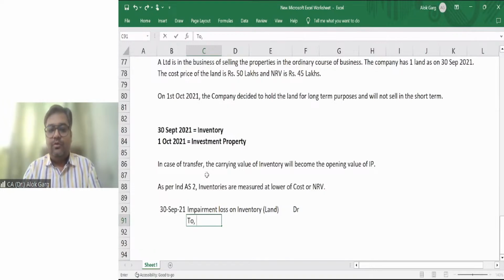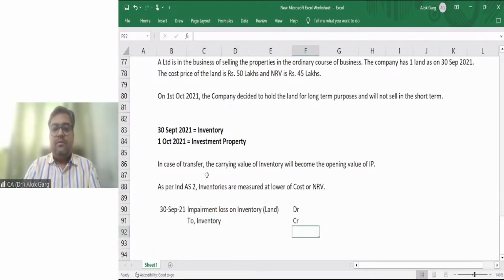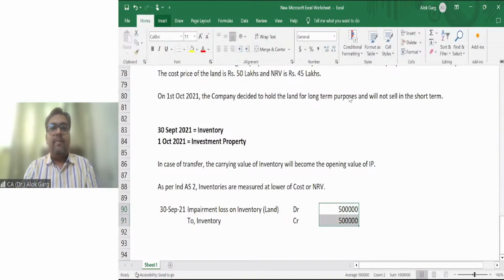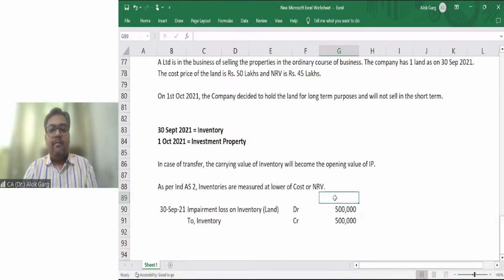To inventory. By what amount? 50 lakh minus 45 lakh, 5 lakh. Impairment loss on inventory, land account debit, to inventory 5 lakh.